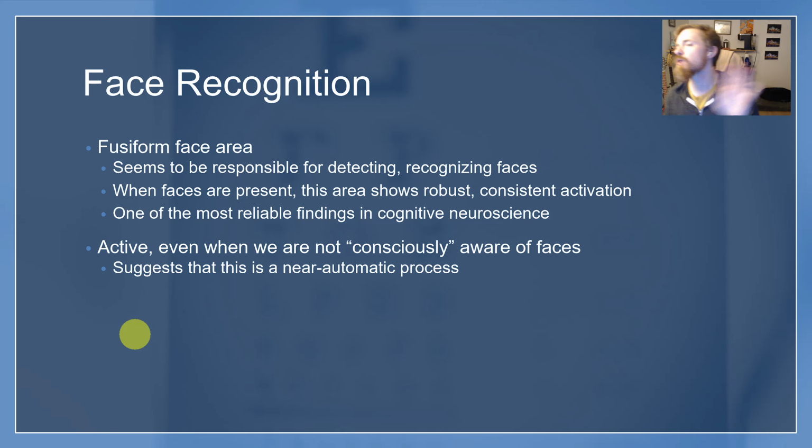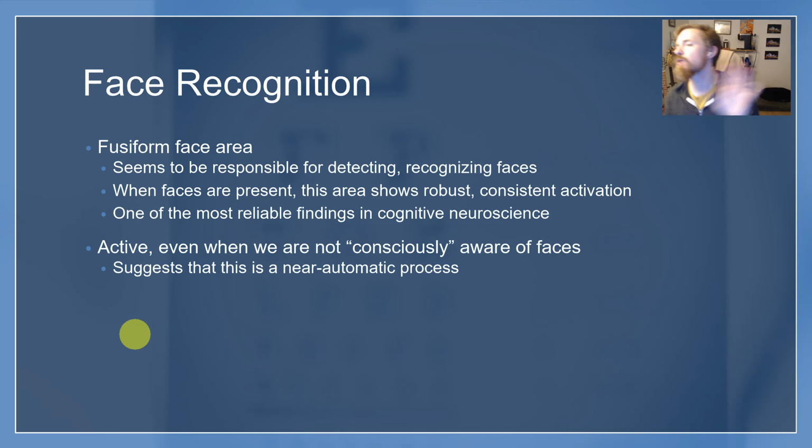I'm going to be talking about Isabelle Gauthier's research here. She did a lot of work with, I believe it was Carnegie Mellon, doing a lot of early neuroimaging work in this field to look at the fusiform face area. And so I'm going to talk about her work.